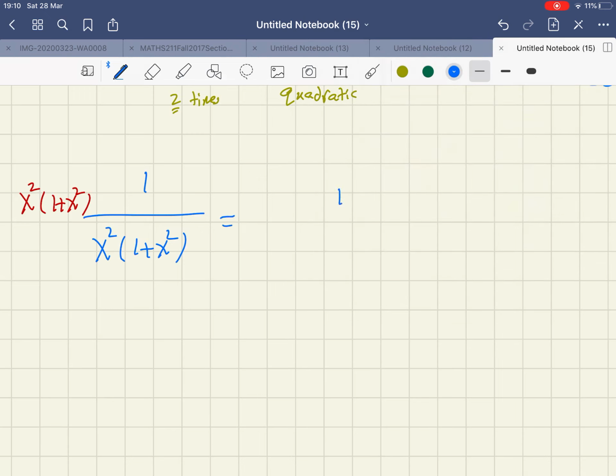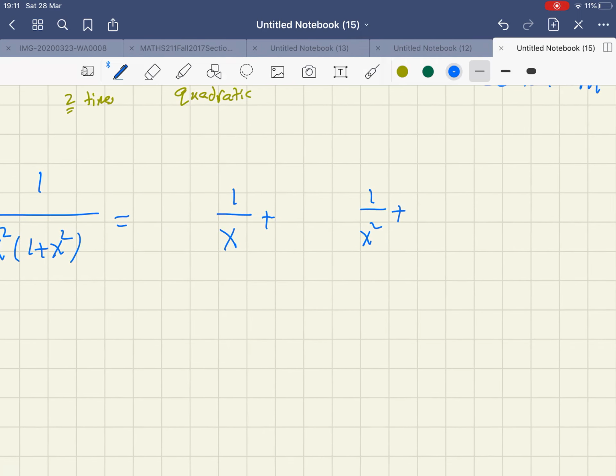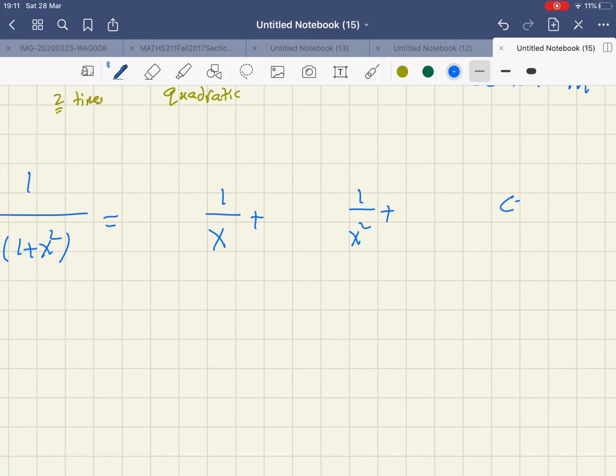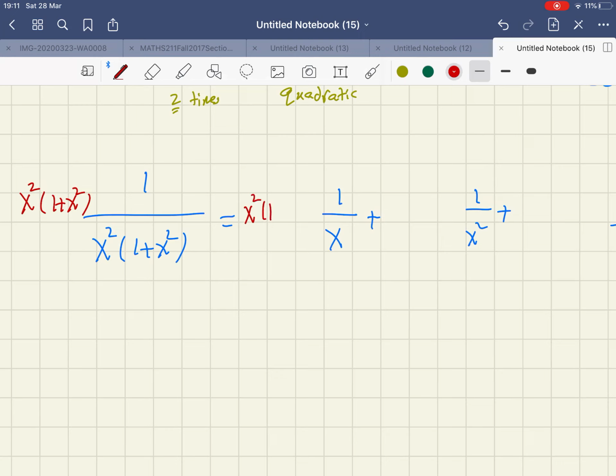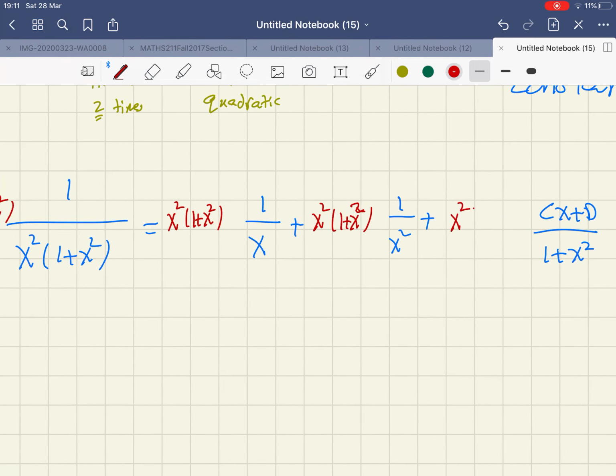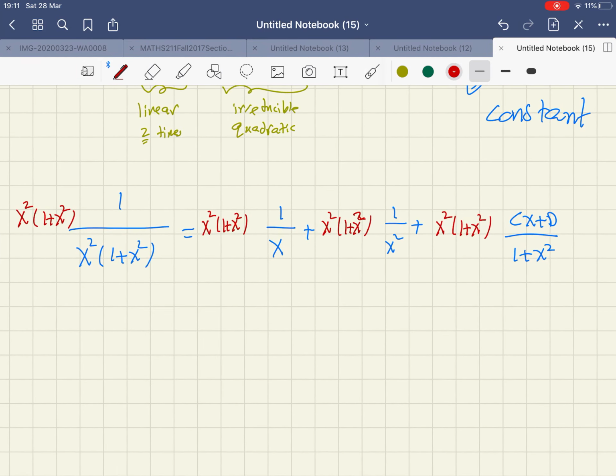Equal to 1 over x plus 1 over x squared plus cx plus d over 1 plus x squared. Now this one will be x squared 1 plus x squared, x squared 1 plus x squared, and finally it will be x squared 1 plus x squared. That's how we do it.